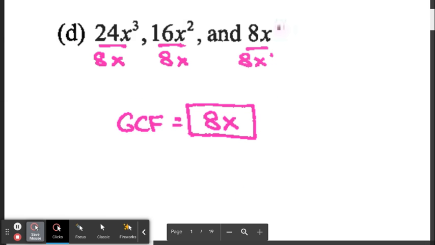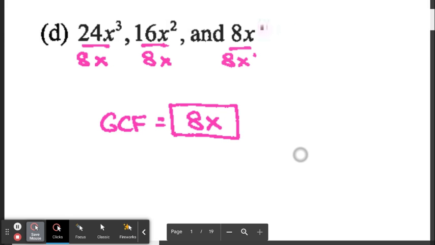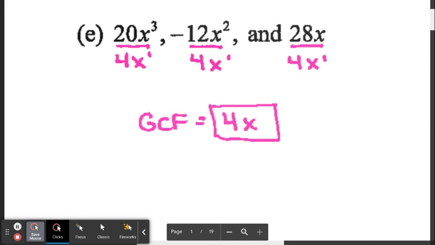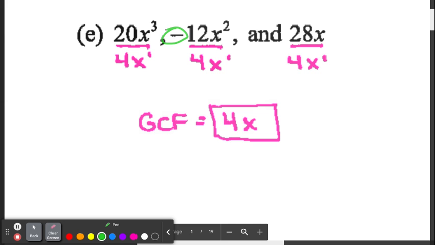Moving on down to the bottom row, there are 3 terms, and that's okay. You do the same exact thing. So my GCF for letter D is 8x. Now for letter E, again, same thing. In this problem, there's a minus sign. Don't worry about minus signs.